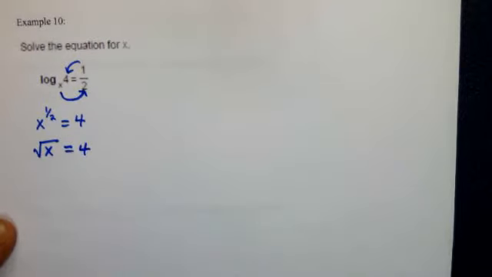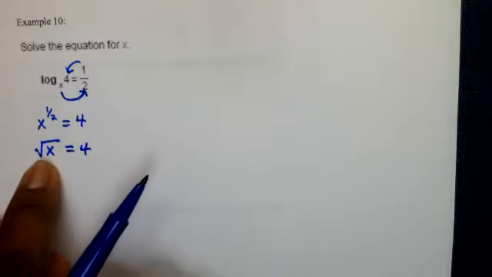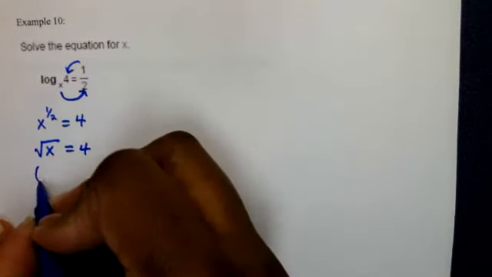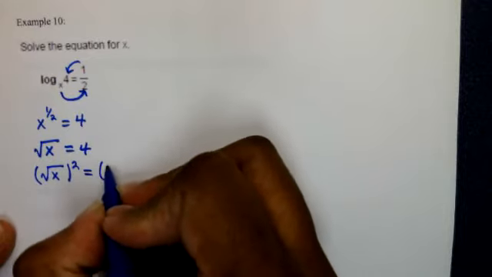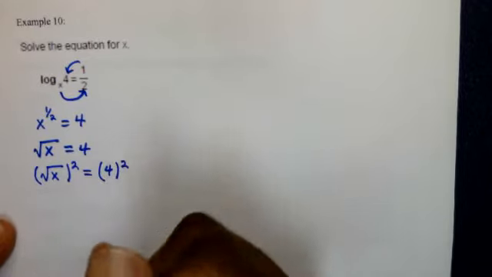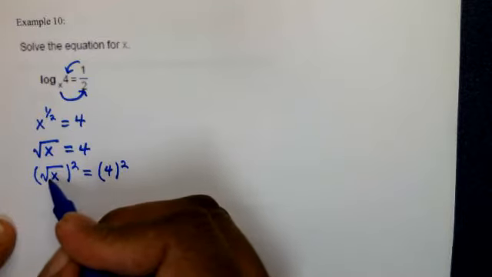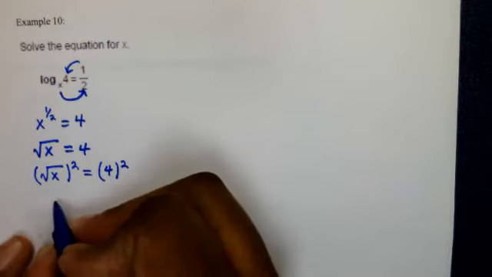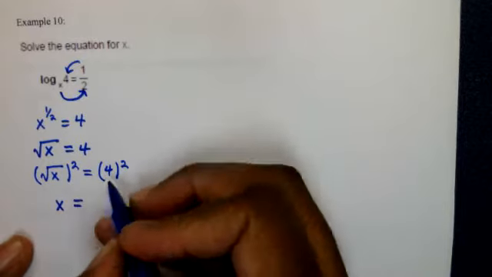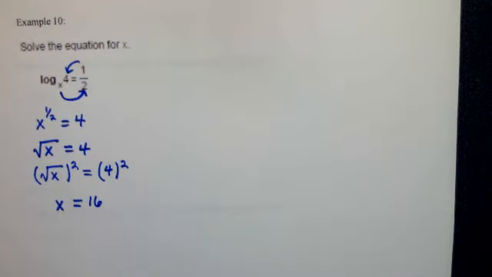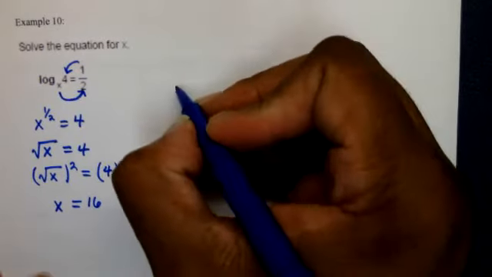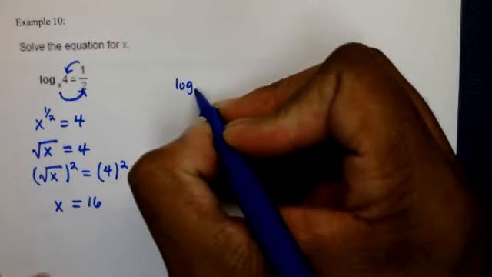And then to solve for x, we're taking the square root. The opposite of taking the square root would be to take the square on both sides of this equation. Square root of x, we square it, will be x. That's equal to 4 squared, or 4 times 4. That would be 16. So x equals 16 is the solution to this equation. And of course, we can do the check by doing log to the base x.